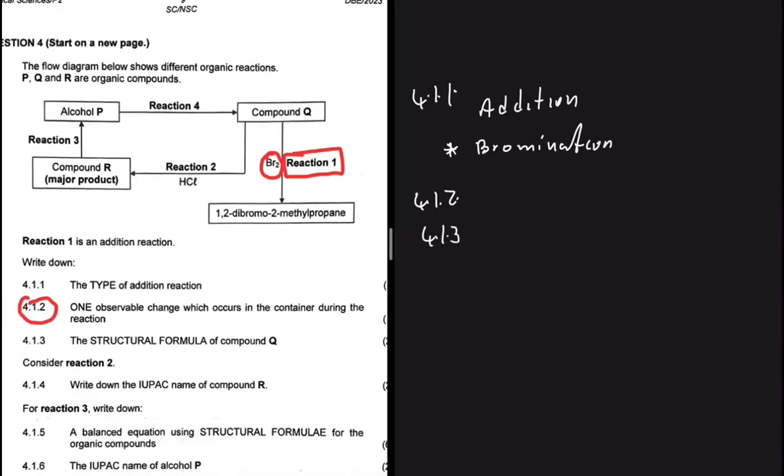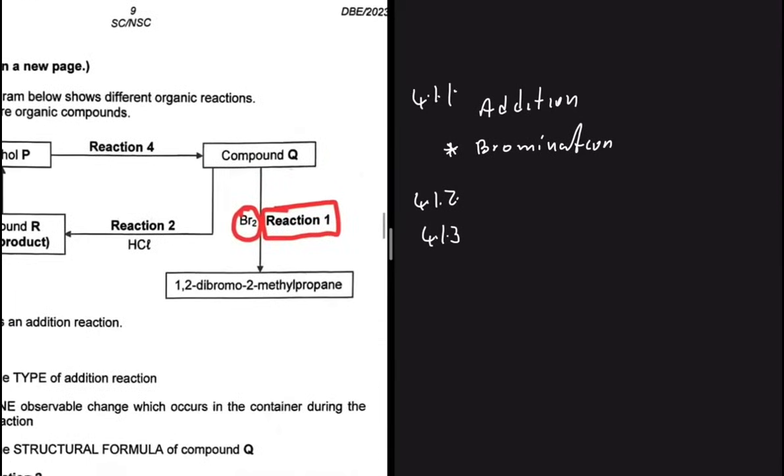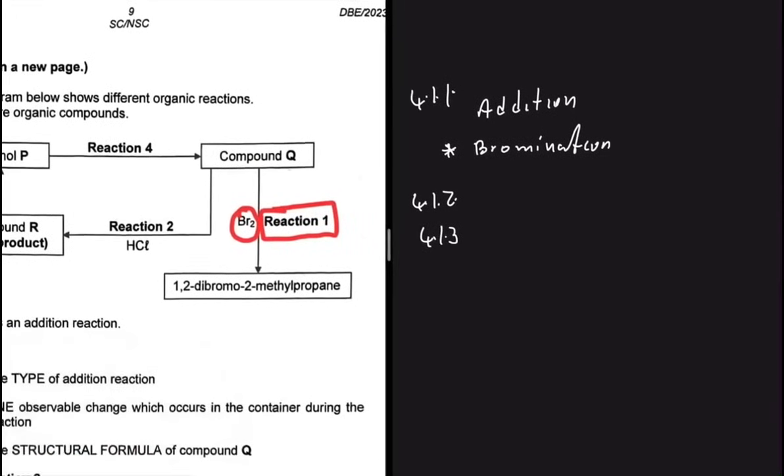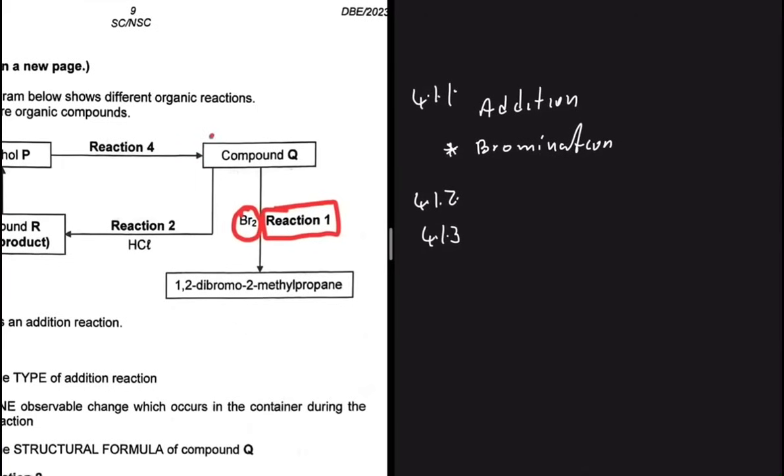4.1.3, the structural formula of compound Q. So we have compound Q right here, and when we add Br2, one bromo is going to be on the first carbon, as we can see from the name, and another Br will be on the second carbon, right? So there was a double bond there.